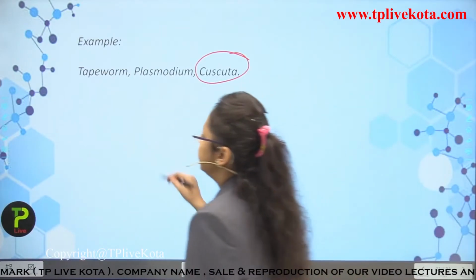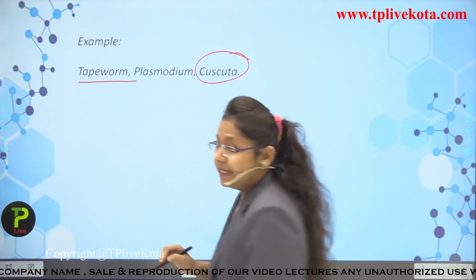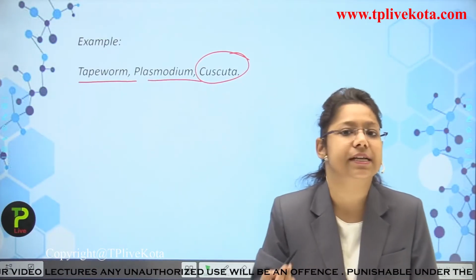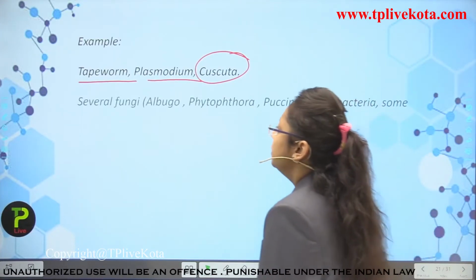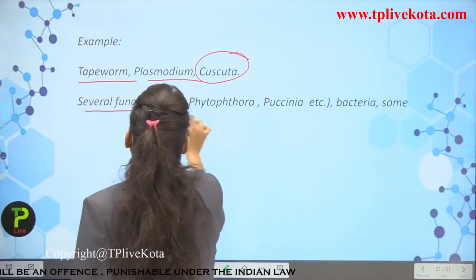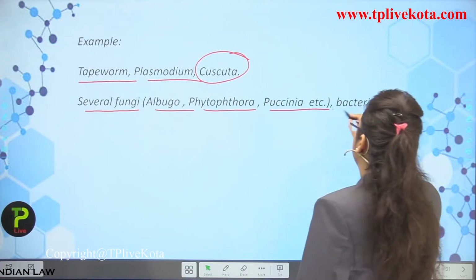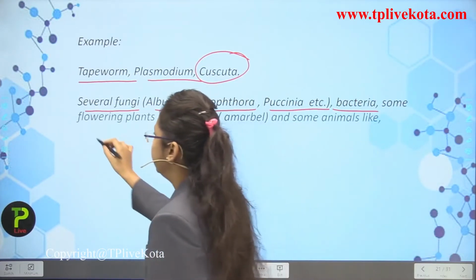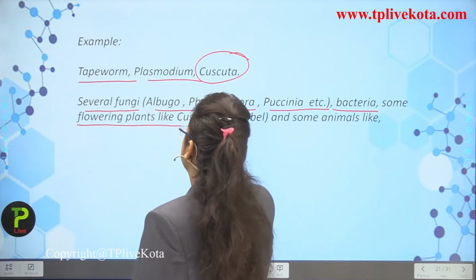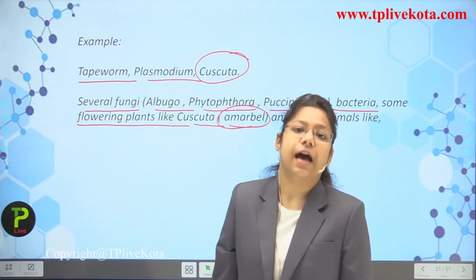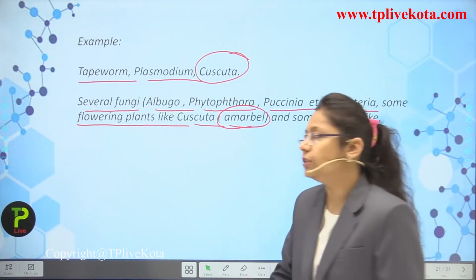So there are examples like tapeworm, which lives in the intestine of a human body. Next is the plasmodium, which lives in the liver cells of a human body. Next, there are several fungi like albugo, phytophthora, puccinia. Okay, now if we talk about bacteria, then there are some bacteria. Also flowering plants like cuscuta, amarbel. So this cuscuta is also known as amarbel in normal language.